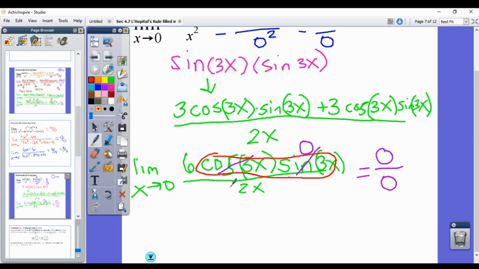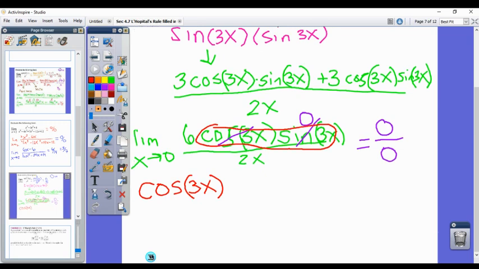And so essentially, when I have my cosine 3x, we already have been discussing the fact that we essentially have to do the chain rule because it's 3x, but it's not that tricky because we're just going to end up multiplying by the 3, right? So the derivative of cosine is negative sine, and we're going to multiply that by the 3 that I get from taking the derivative of 3x.